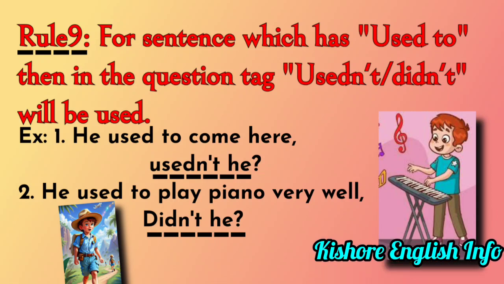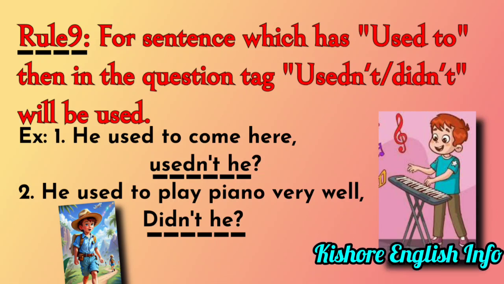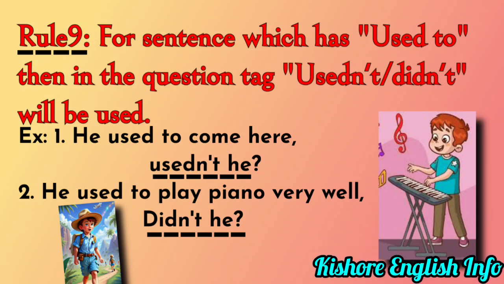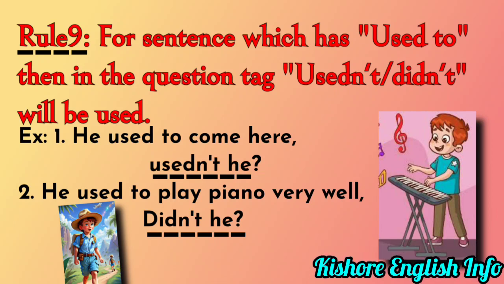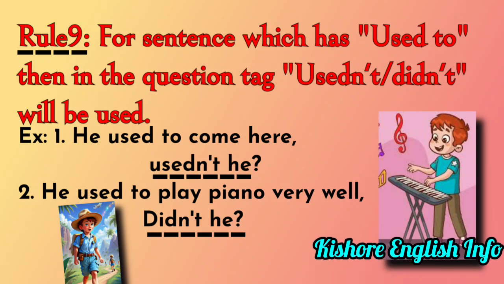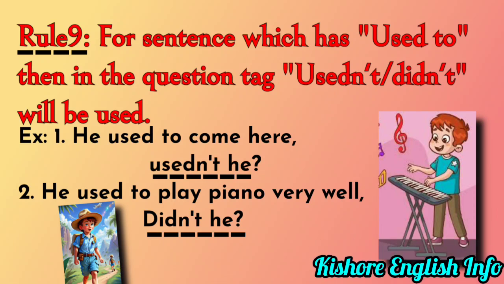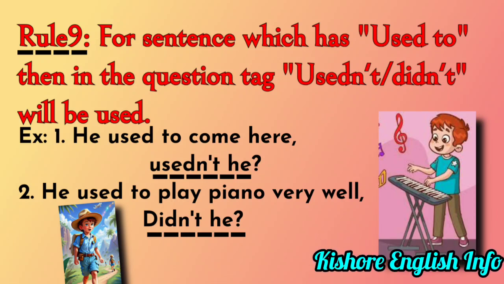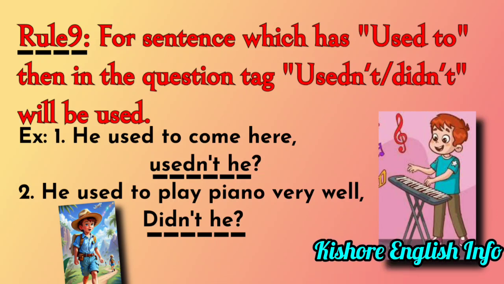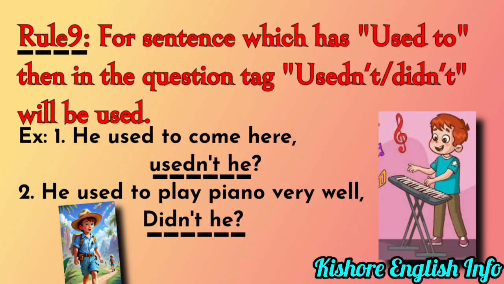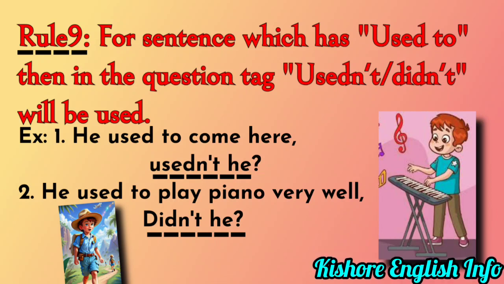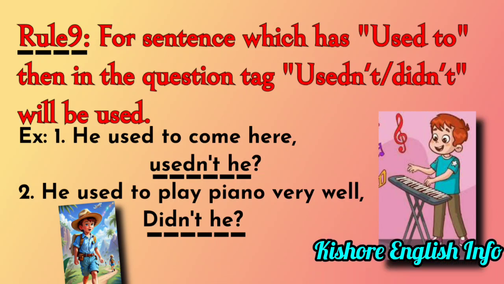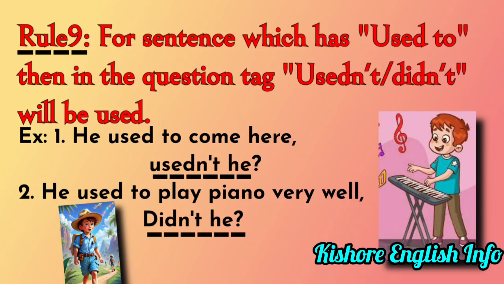For example, he used to come here, usedn't he? He used to play piano very well, didn't he? The difference between usedn't and didn't: the first one is a habitual action in the past. The second one is he used to play piano very well.